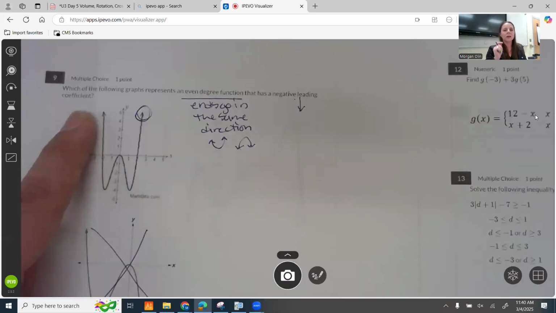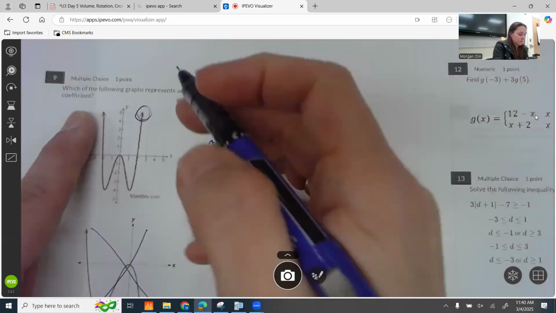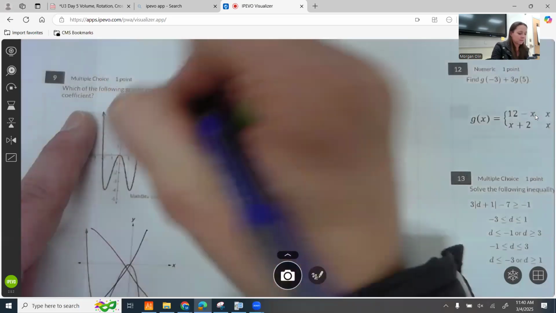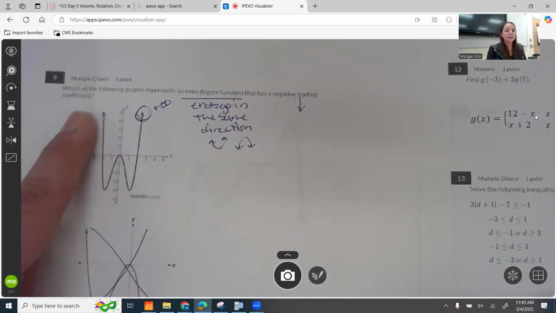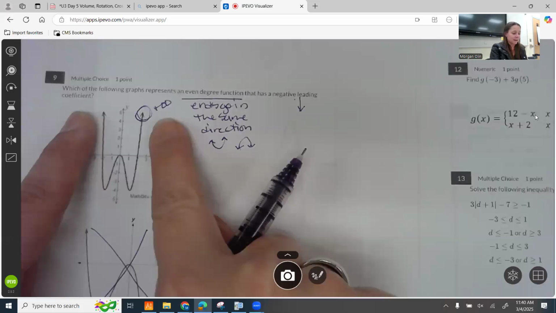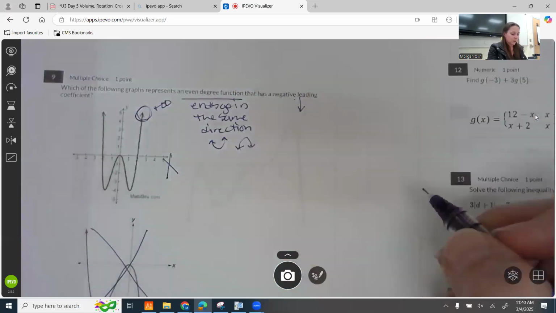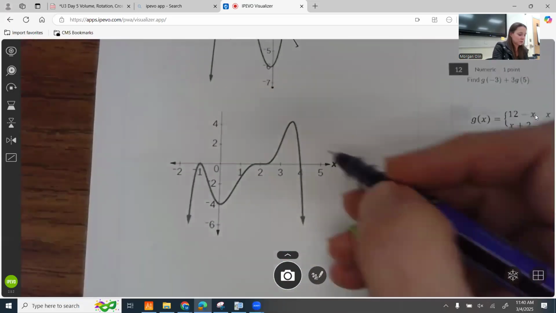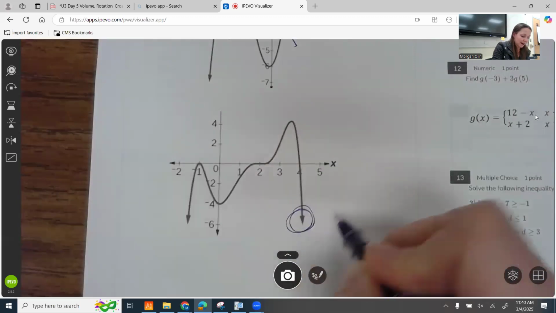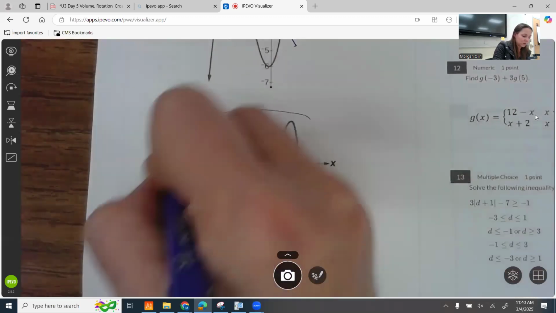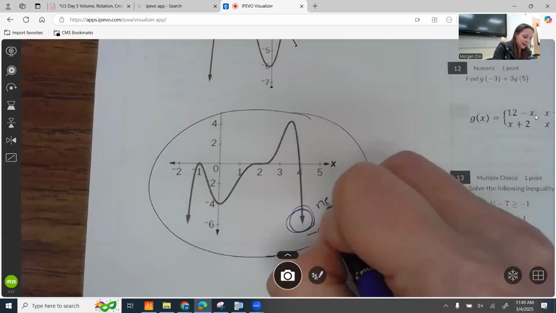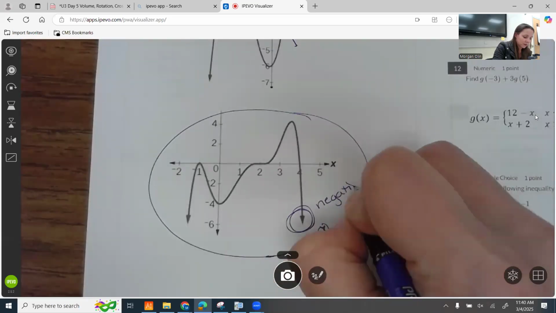I don't care about the left, the right-hand side. Do you notice this goes up? Think about it going up to positive infinity. So our leading coefficient here would be positive, not negative. So it's not this one. We want to choose this graph right here because this is going down to negative infinity. So therefore, it's a negative leading coefficient.